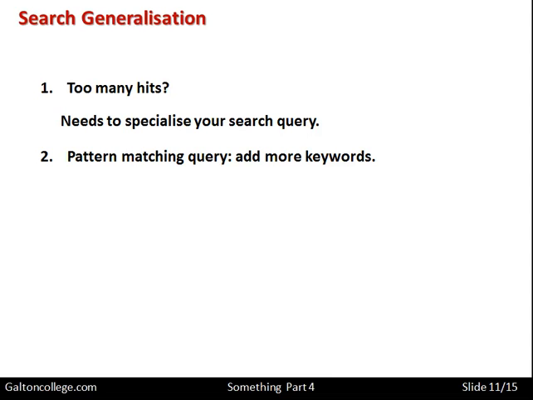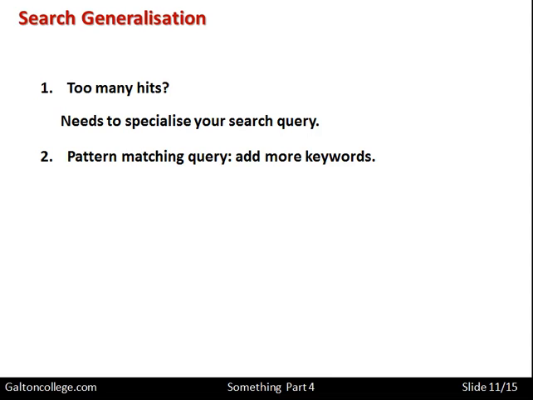We type in cars, diesel, 2015. Now we've got three big keywords: cars, diesel, 2015. In other words, we're only interested in cars that are diesel engines and were made in 2015.